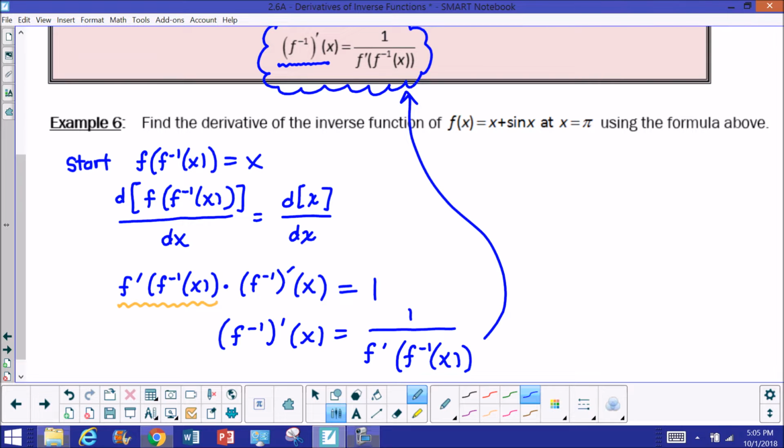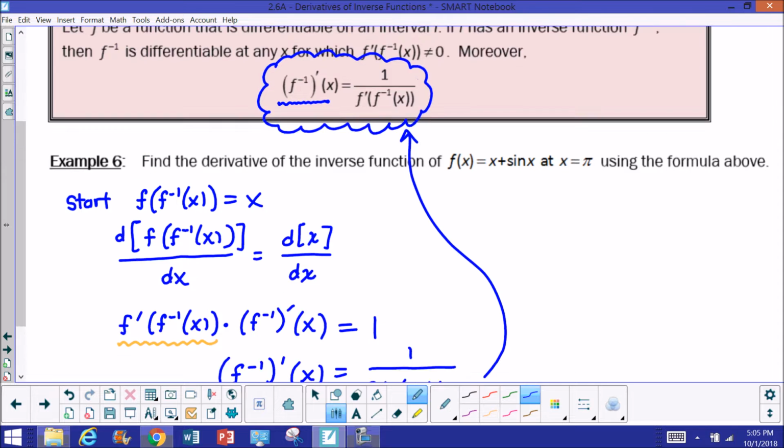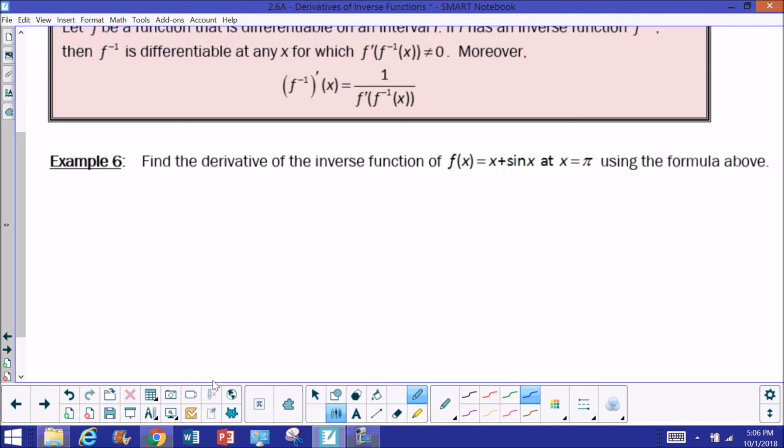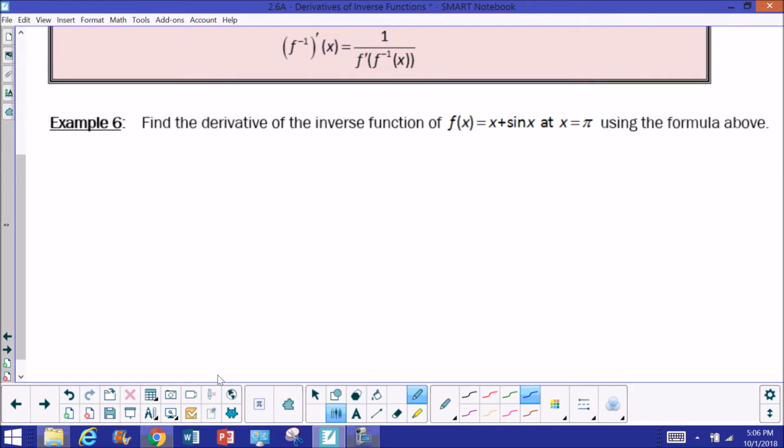So that gives you a little bit of an idea about where this thing comes from that we're going to use quite often. So if I get rid of this, let's go ahead and start thinking about solving this particular expression. It says find the derivative of this inverse function, and we're going to do so specifically at x equaling pi, and we'll use the formula above.